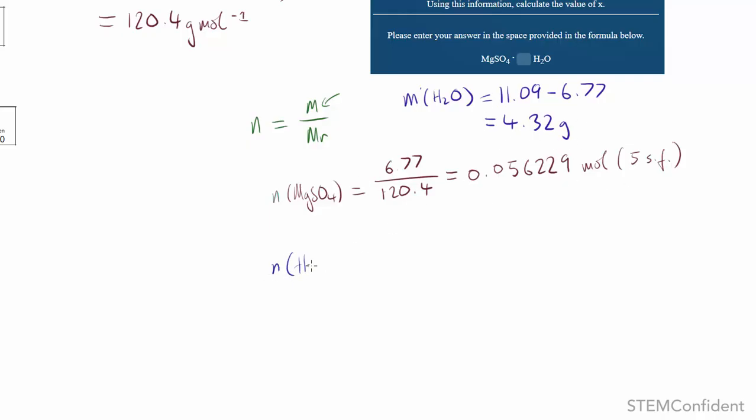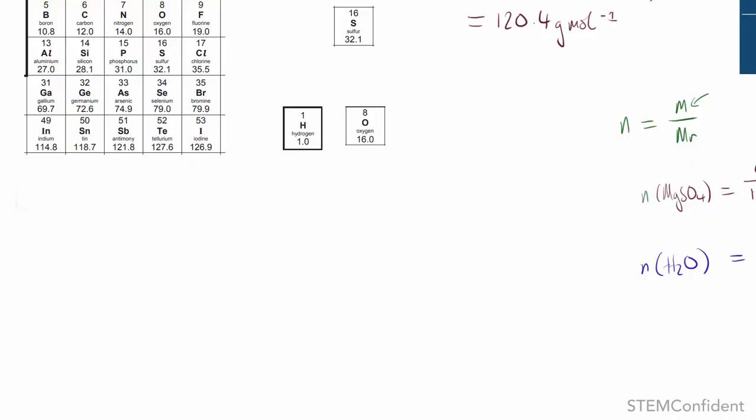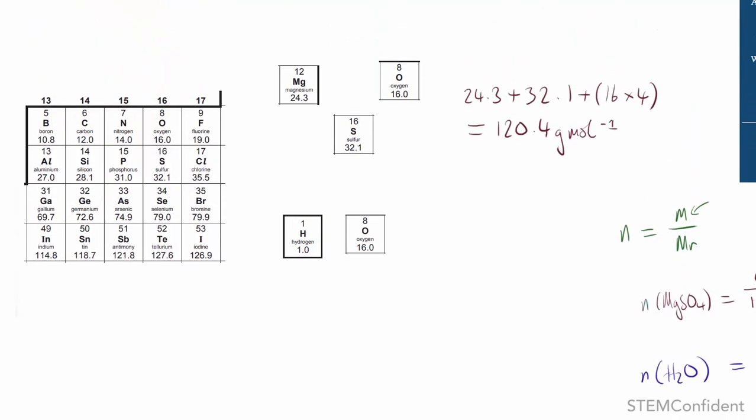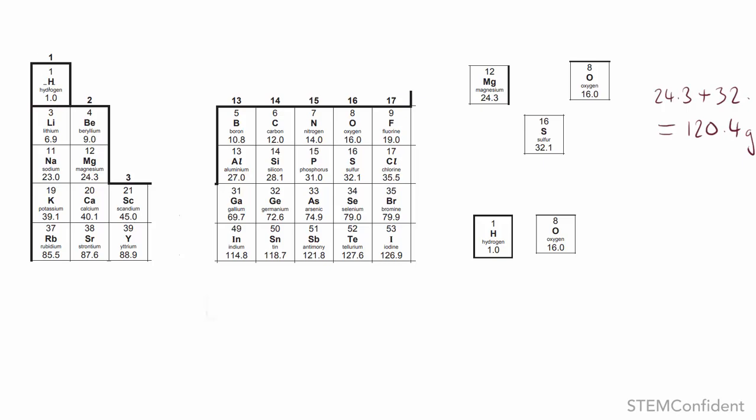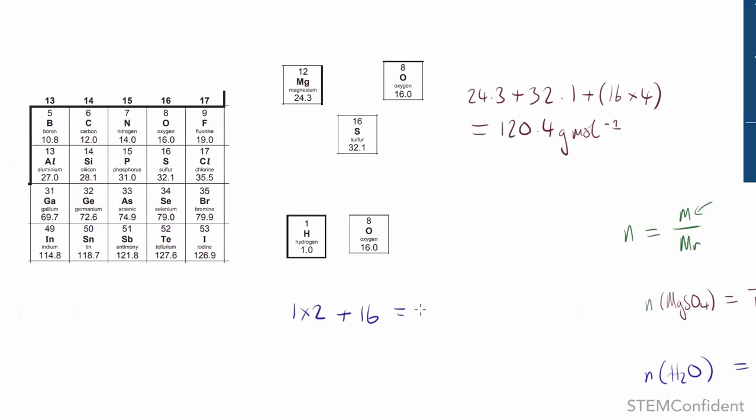Now, what we can say on the basis of that is that the number of moles of the H2O is going to be equal to 4.32 divided by the molar mass of H2O. You may already know what the molar mass of H2O is, but you can use the periodic table. So H2O is going to be effectively 1 times 2 plus, for the oxygen component, 16, and of course that's going to give us 18, and that's going to be in grams per mole.